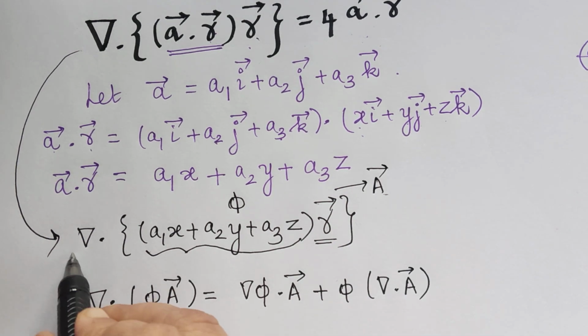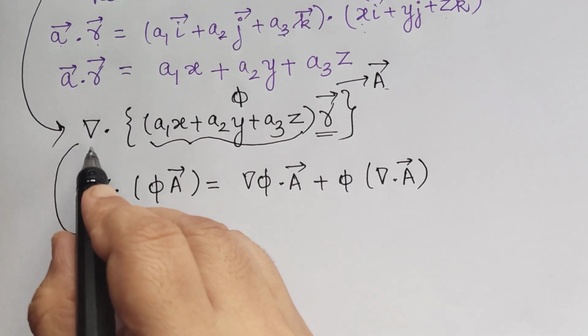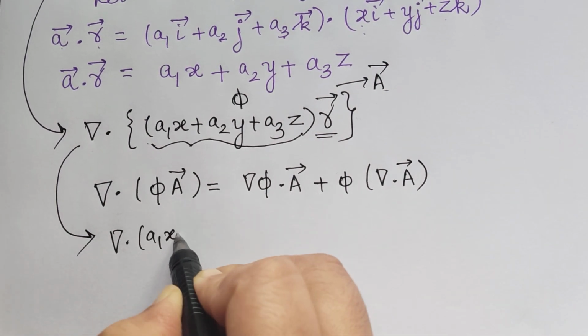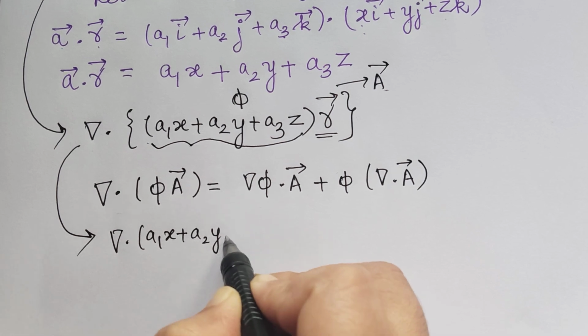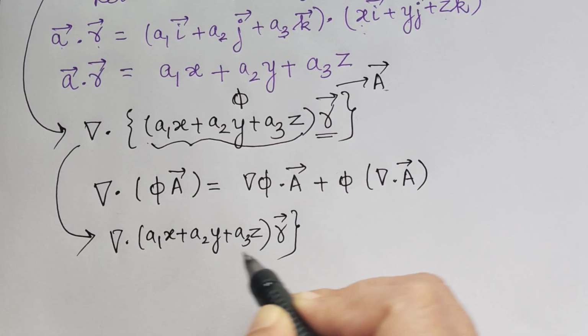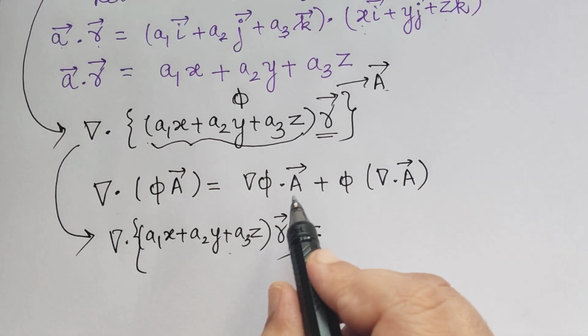So when we apply this formula, we get this to be equal to del dot (A1x plus A2y plus A3z) multiplied with R vector. So now we shall apply that over here.